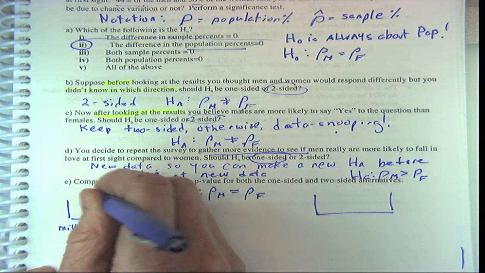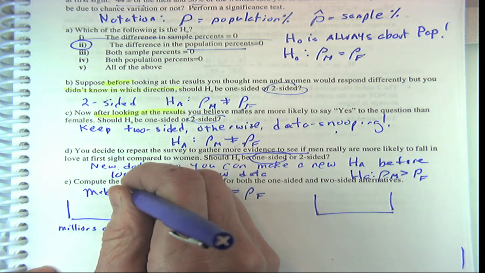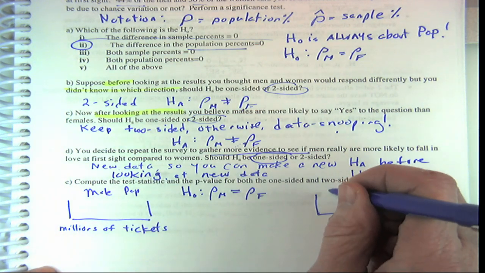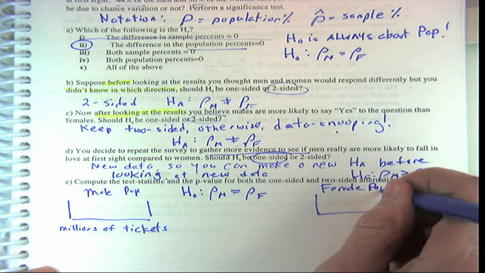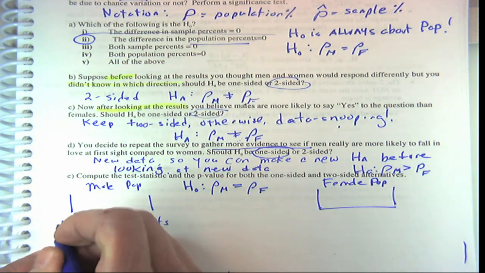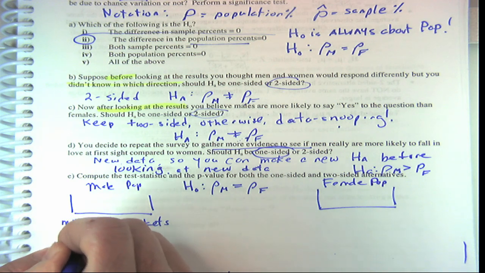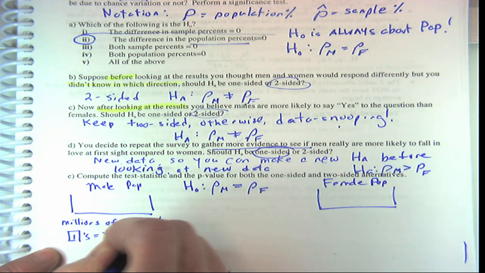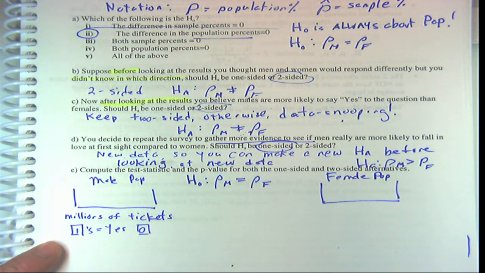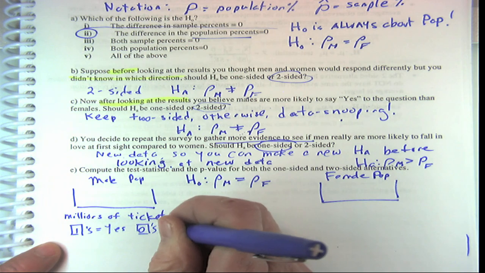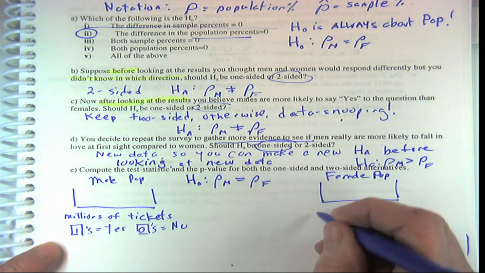So here's the males, and it's the whole population. It was a nationwide survey. Here's the females. And it was a yes, no, and we're coding it as ones. If they answered yes, that's a one, and if they answered no, we'll put zeros, because we're looking at the percent yes. It's the same here.